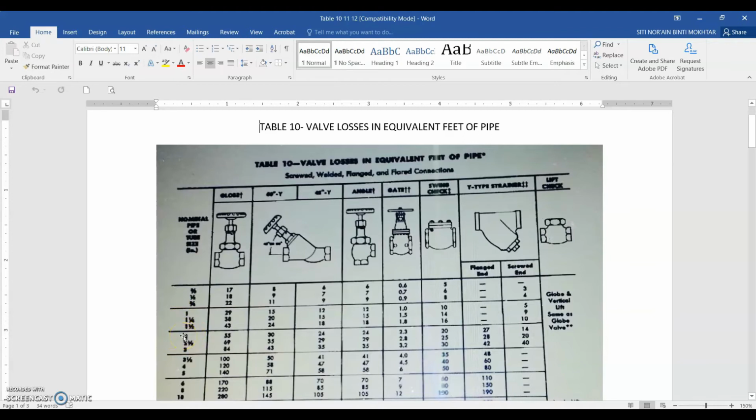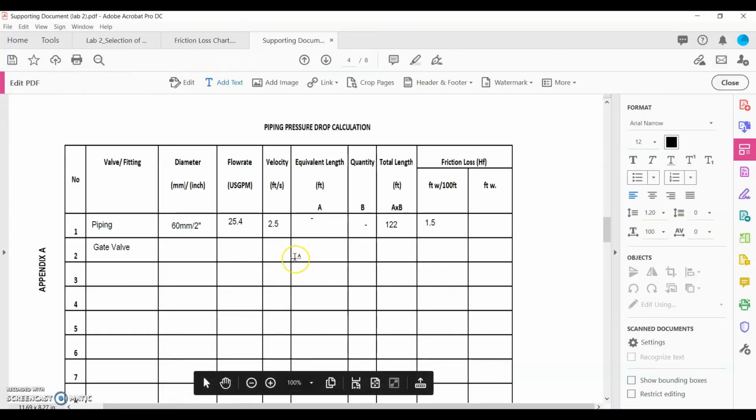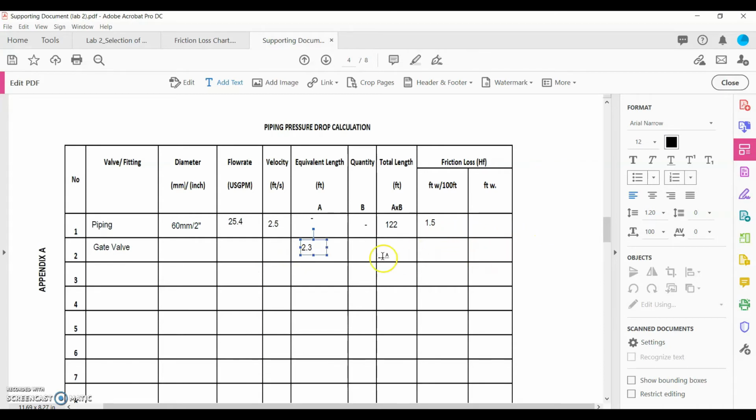So for the actual size, you need to refer to the supporting document. Okay. So for a 2 inch gate valve, the equivalent length is 2.3 here. Okay, so put 2.3. And then let's say your quantity of gate valves is 3.